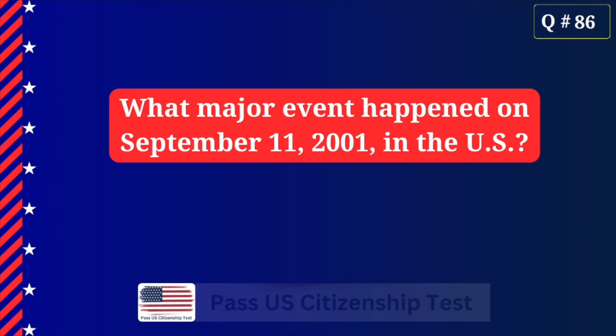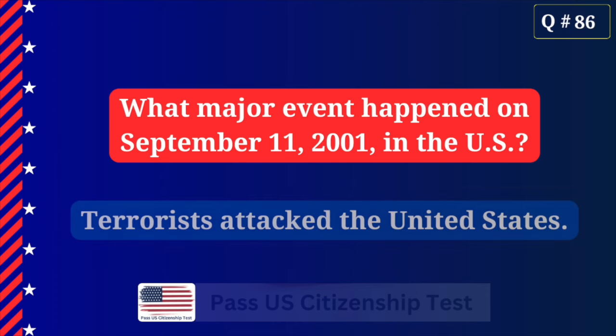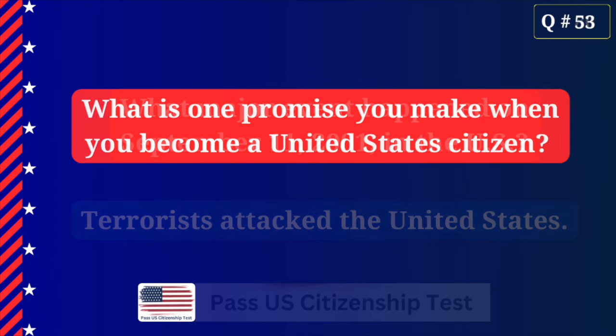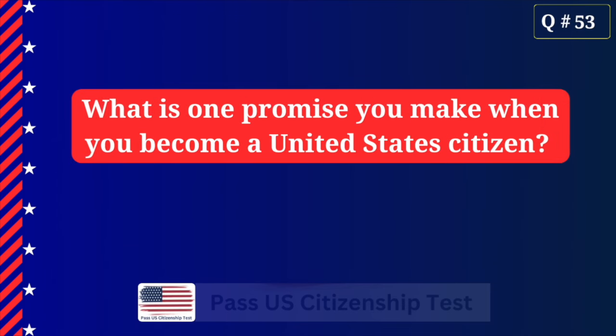What major event happened on September 11, 2001 in the United States? Terrorists attacked the United States. What is one promise you make when you become a United States citizen?